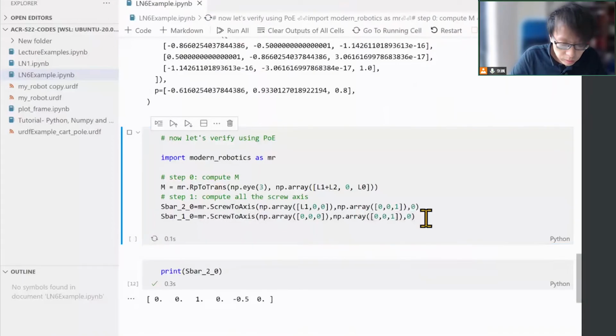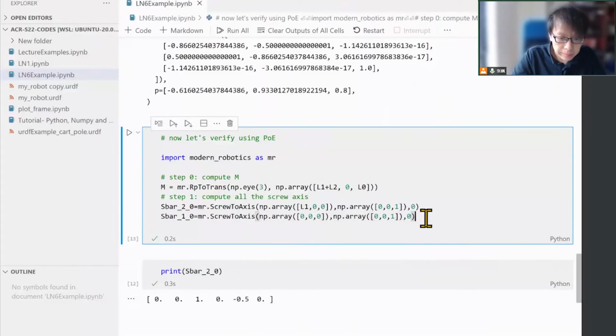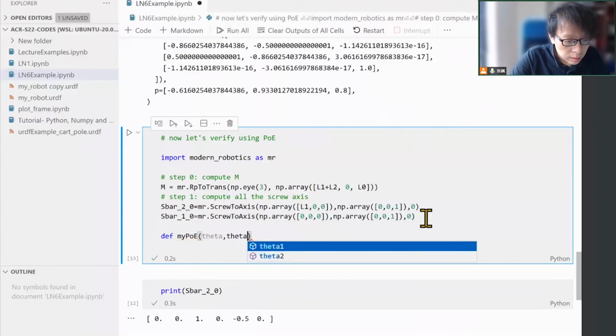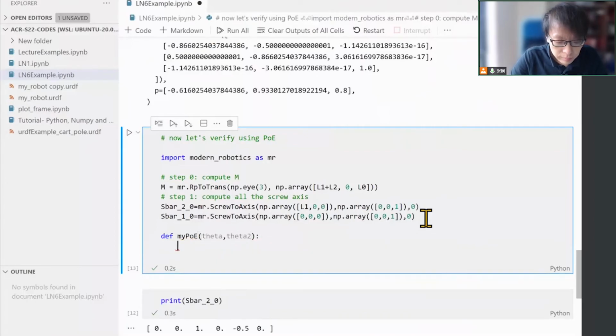So now we have these 2 screw axes. All we need is to type in the matrix exponential formula. Let's define our own function, my PoE, with theta 1 and theta 2. We need the analytical form. Sorry, this is theta 1.